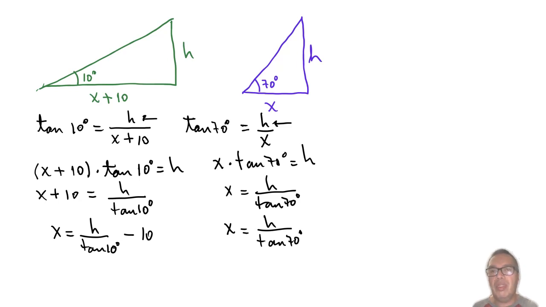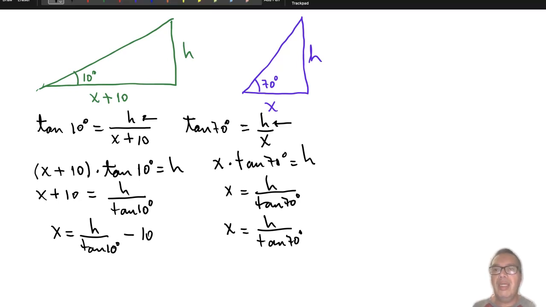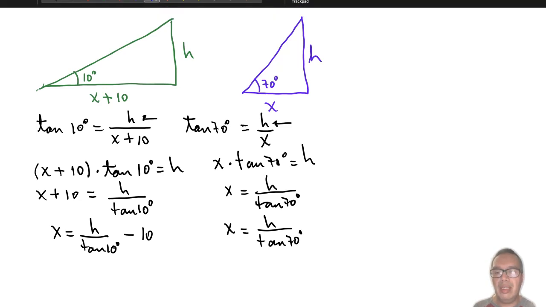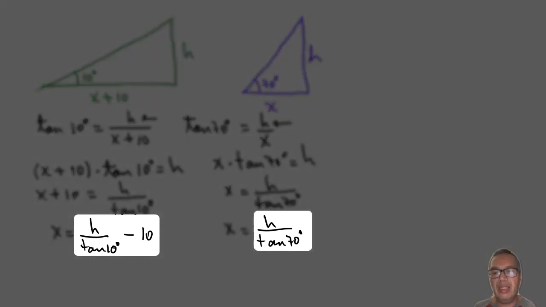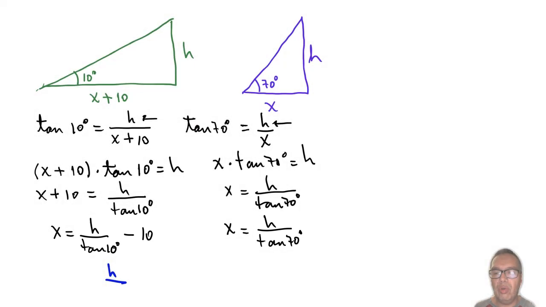The most important part of this whole thing is that you can now set the right-hand sides equal to each other, and so h over the tangent of 10 degrees minus 10 is equal to h over the tangent of 70 degrees.